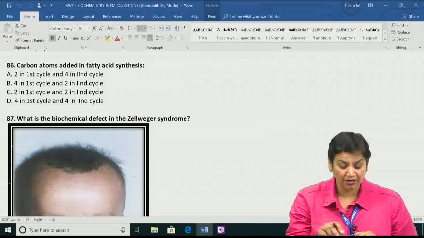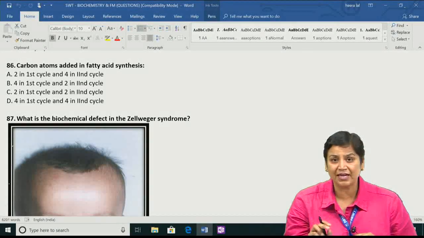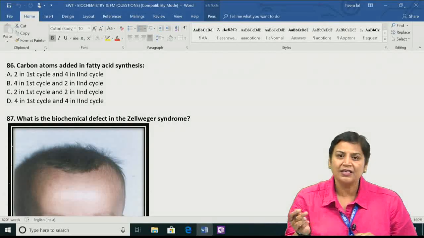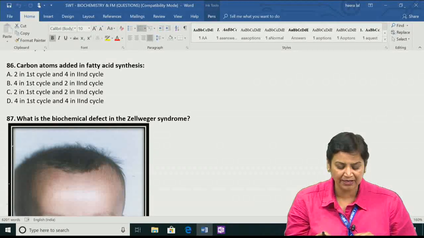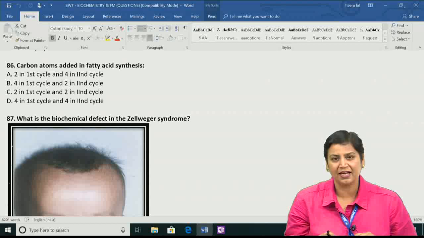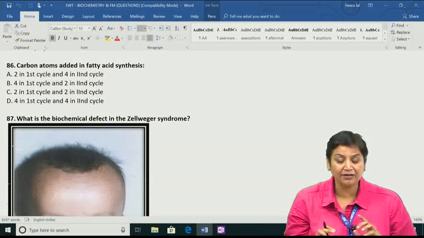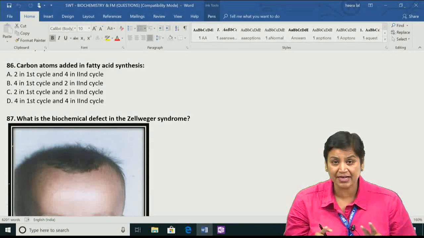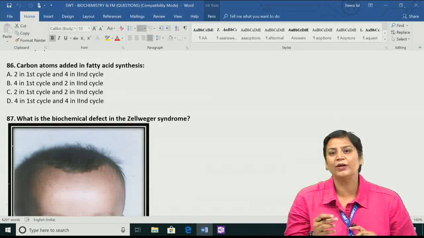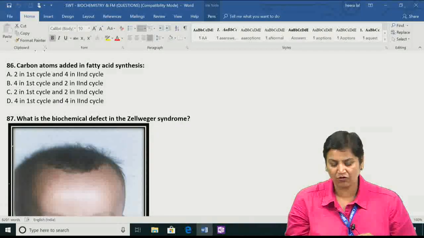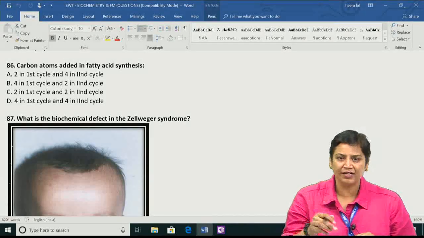So 2 plus 2, 4. So we can say 4 in the first cycle, and obviously after that subsequently malonyl CoA will be added. So 2 in the second cycle. So the answer to this is the carbon atoms added in fatty acid synthesis: 4 in the first cycle and 2 in the second cycle. Formation of malonyl CoA, then further addition of it.